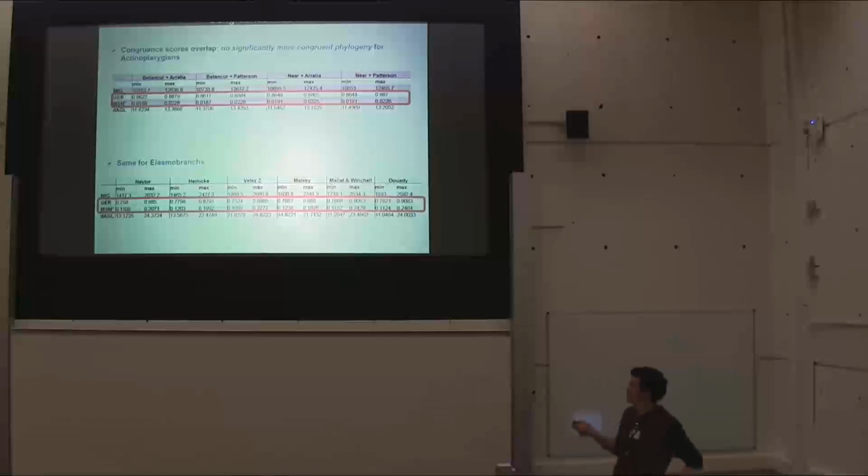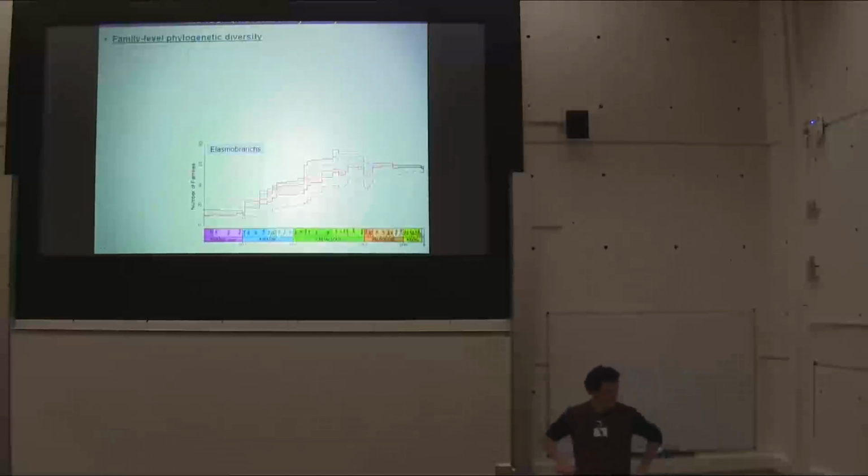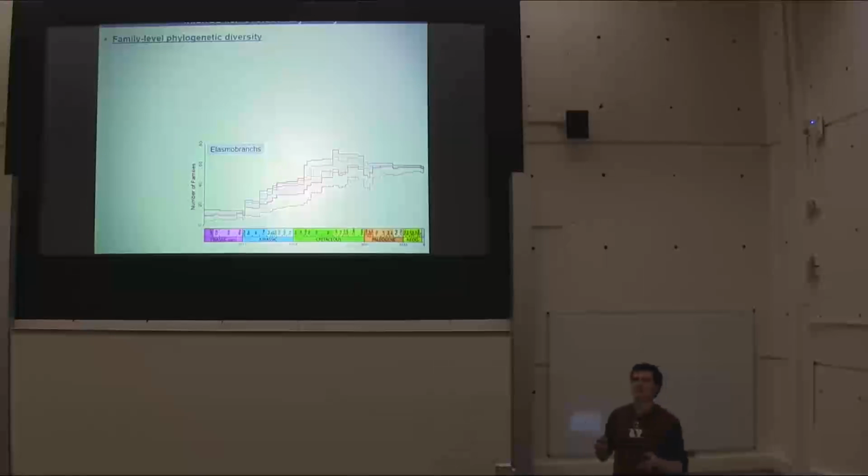The same goes for Elasmobranchii. But what is interesting here, again, is not really this, but rather that we've computed FADs that compensate for the fossil record biases. So what we can do then is compute phylogenetic diversity, the diversity that includes the ghost ranges.